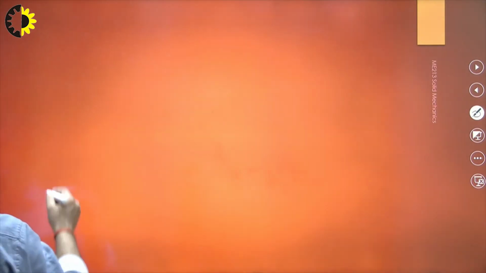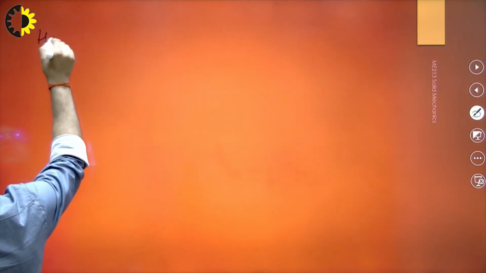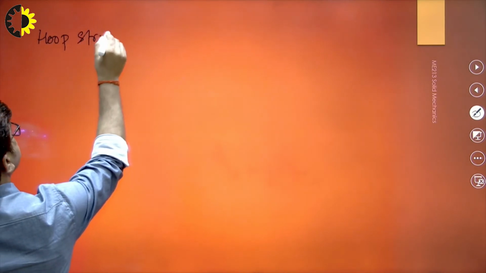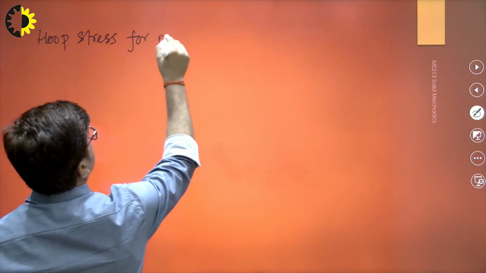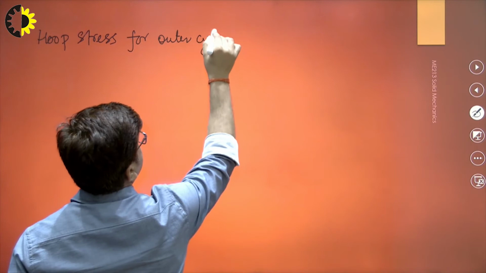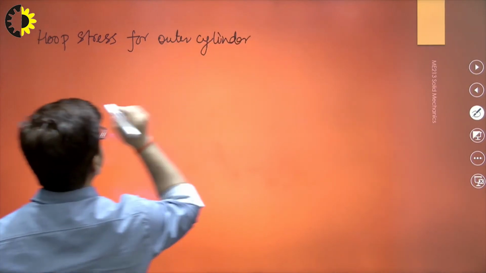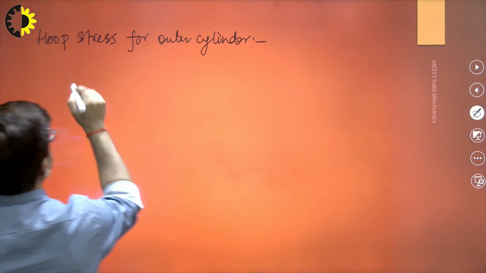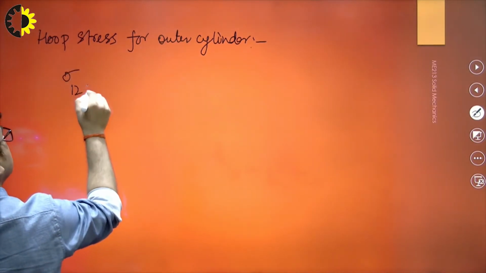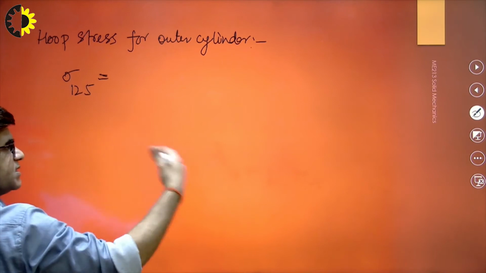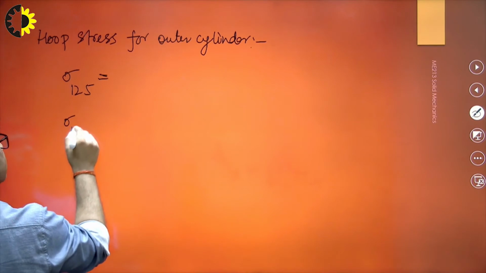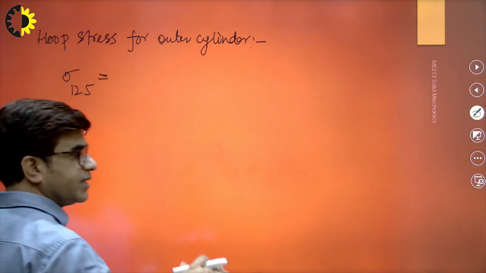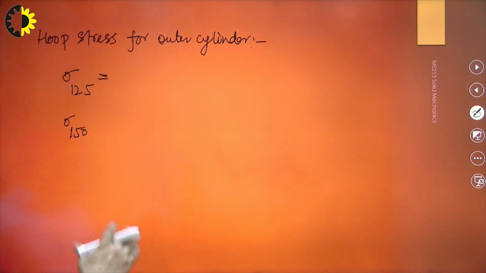Now hoop stress for the outer cylinder. Sigma at 125 radius, 125 means at the junction, and sigma at 150 mm radius means at the outer surface of the outer cylinder.